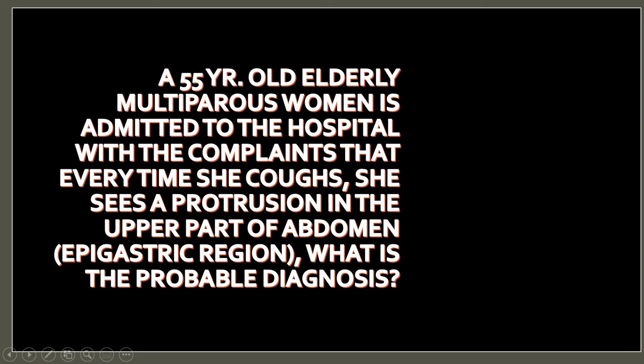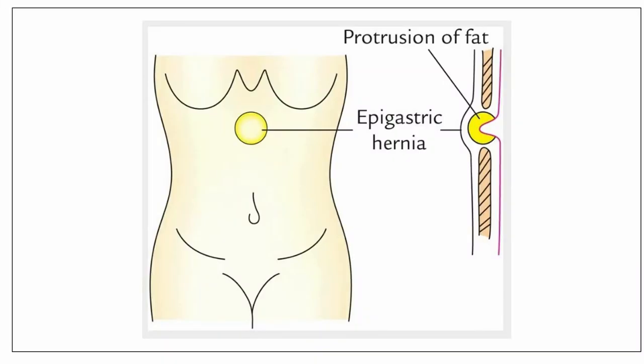So that is basically a hernia. A protrusion happens when the muscle is weak and the intestinal contents or sometimes fat protrude outside because of increased intra-abdominal pressure. So the diagnosis is epigastric hernia, and what she feels is the protrusion of fat.